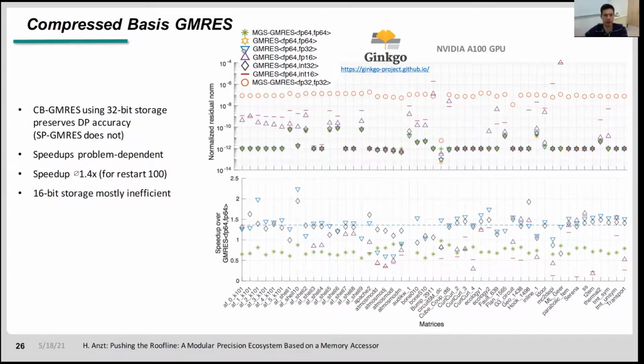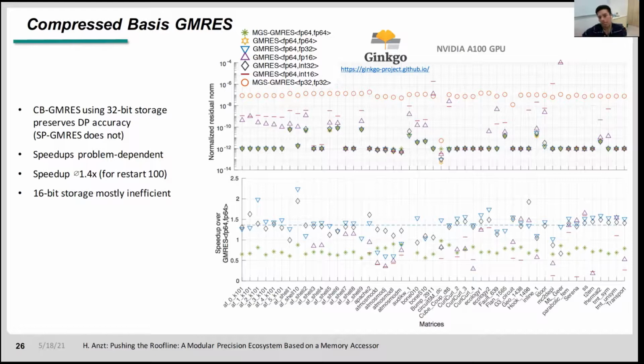However, and here I look at the blue triangles, using GMRES with all arithmetic in 64-bit, but storing the Krylov vectors in 32-bit, we actually get the same accuracy. That is really cool. We always get the same accuracy as the double precision GMRES, which also uses double precision for storing the Krylov basis.